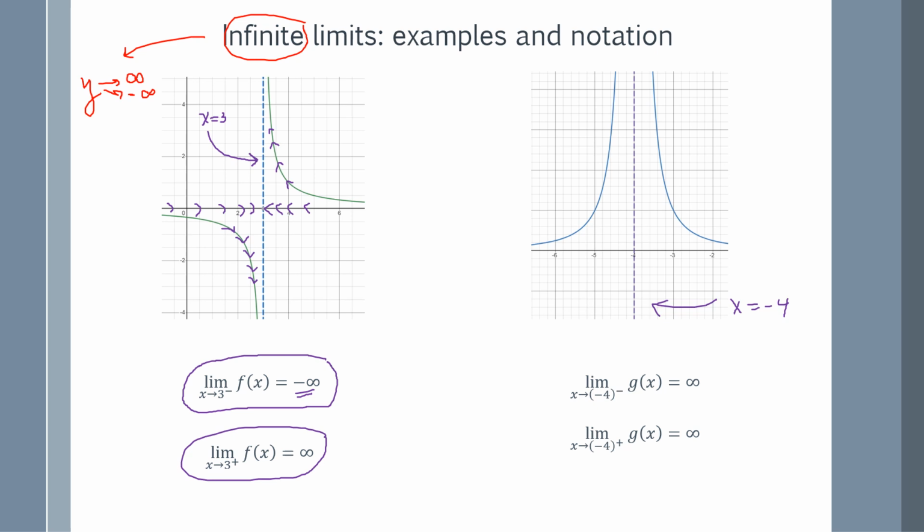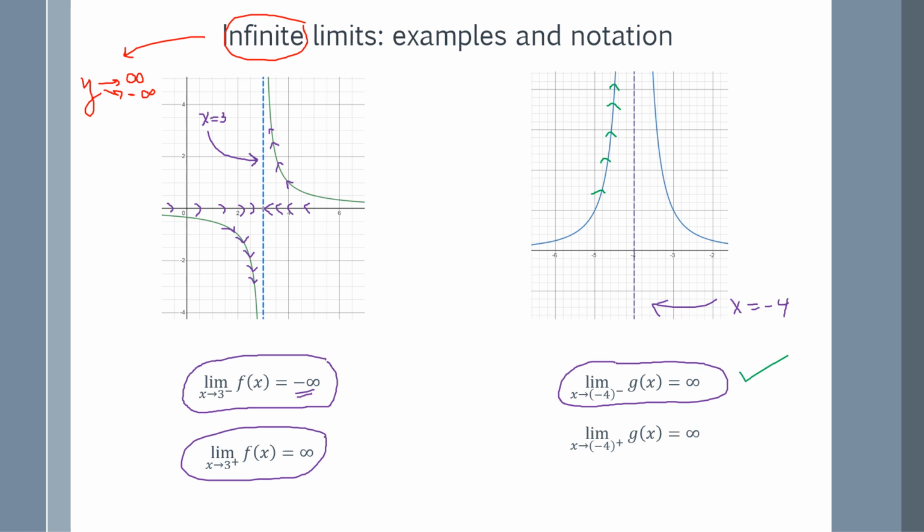As we approach -4 from the left, what happens to the branch? Well, the branch goes up to infinity, and that is represented by this expression right here. So the limit as x goes to -4 from the left of our function g of x is positive infinity.